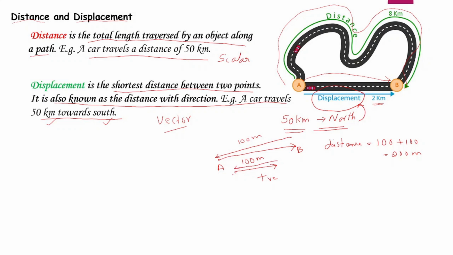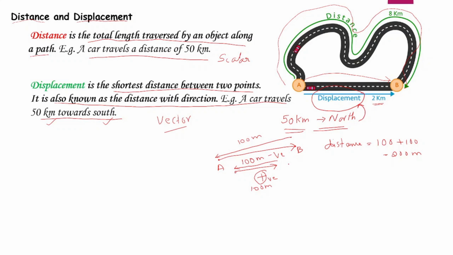The opposite of positive is negative. So from A to B, that car traveled 100 meter towards north and it returns again 100 meter from B to A in the opposite direction.